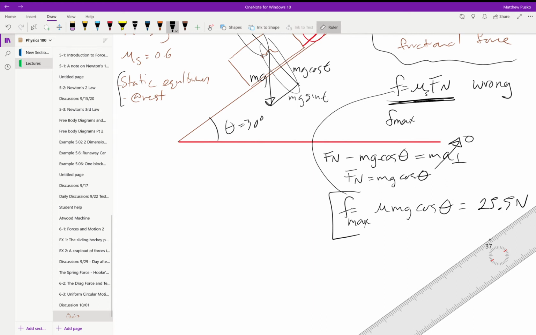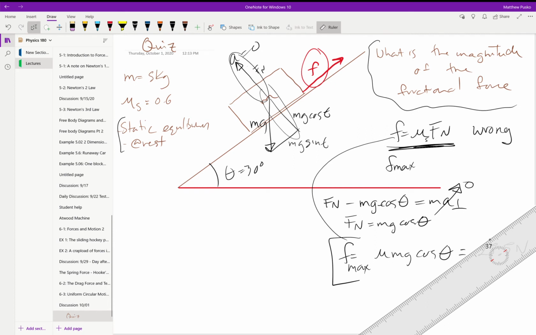What we need to do is see what is the magnitude of these two forces. There's only two going down the plane, the force of friction and the component of the weight going down the plane. If I sum those forces, call that the parallel direction, it's equal to the mass times the acceleration in the parallel direction. Once again, it's at static equilibrium, so acceleration is equal to 0.